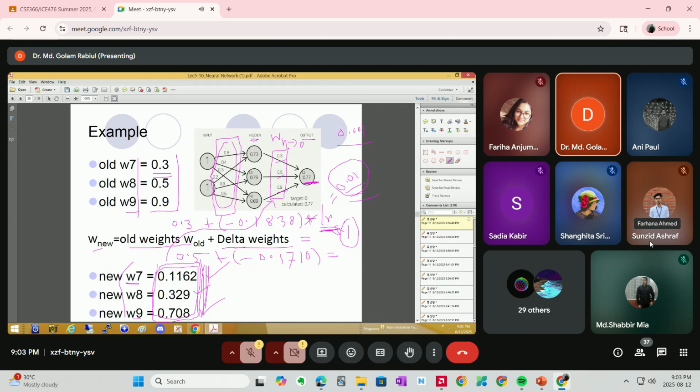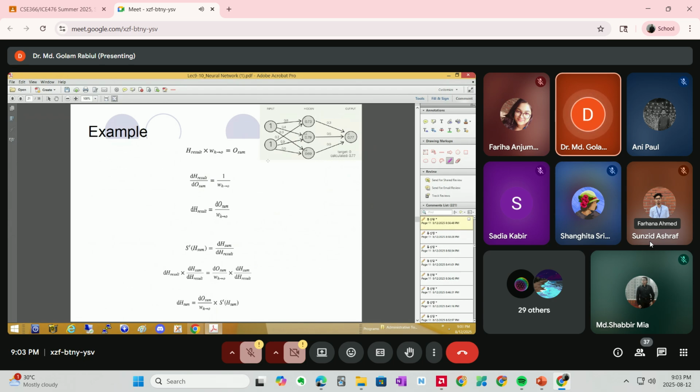So that's why we have to do it in two steps, to find out how much change is required to update W1 up to W6.